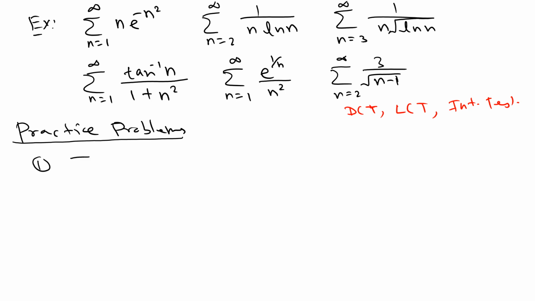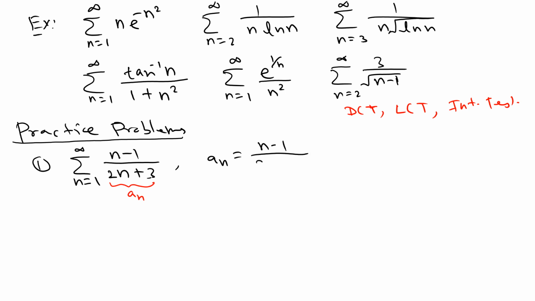So let's start with this one. Say the sum from n=1 to infinity of (n-1)/(2n+3). I'm just picking some numbers. If you look at this one, you can see this is a rational function, that's the first thing. I try to find the limit of the nth term, and you can do a mental calculation. The terms are (n-1)/(2n+3), and the two polynomials, top and bottom, have the same degree.